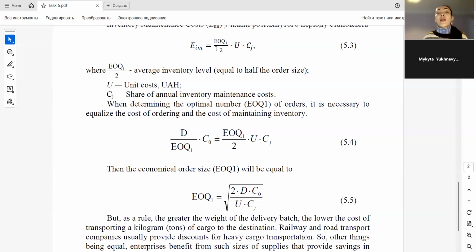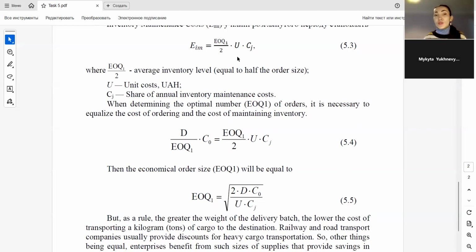Okay, EOQ1 divided by 2 because we find half of this position, multiplied by U, unit costs, and multiplied by the share of annual inventory maintenance cost.